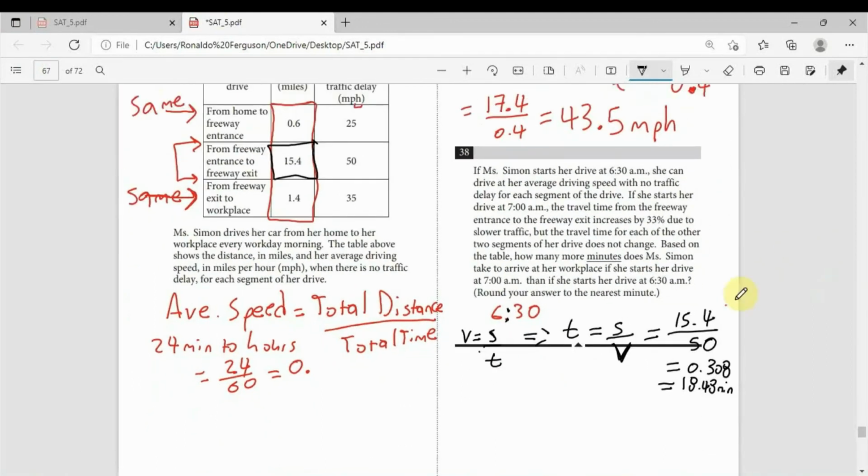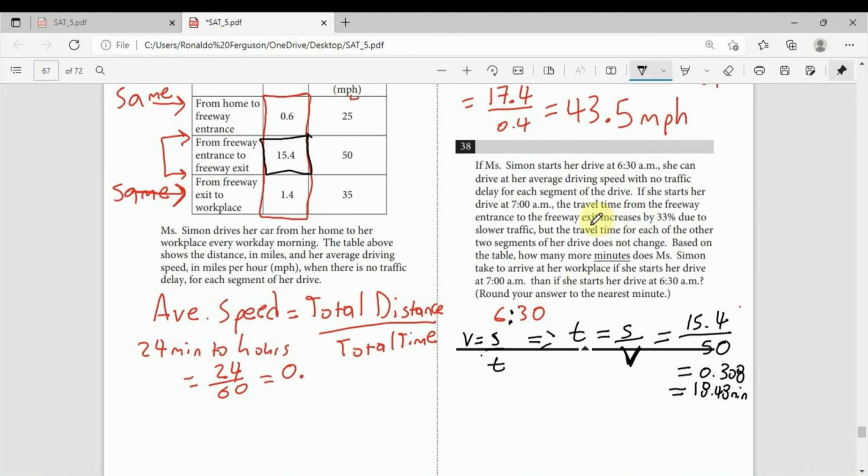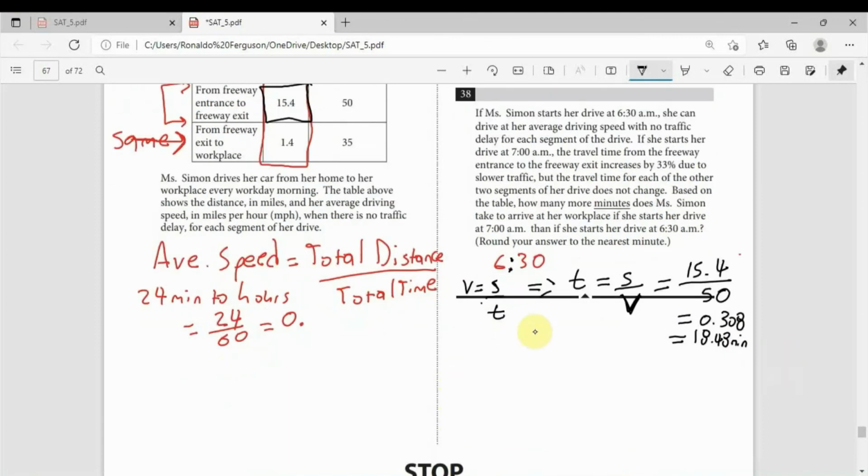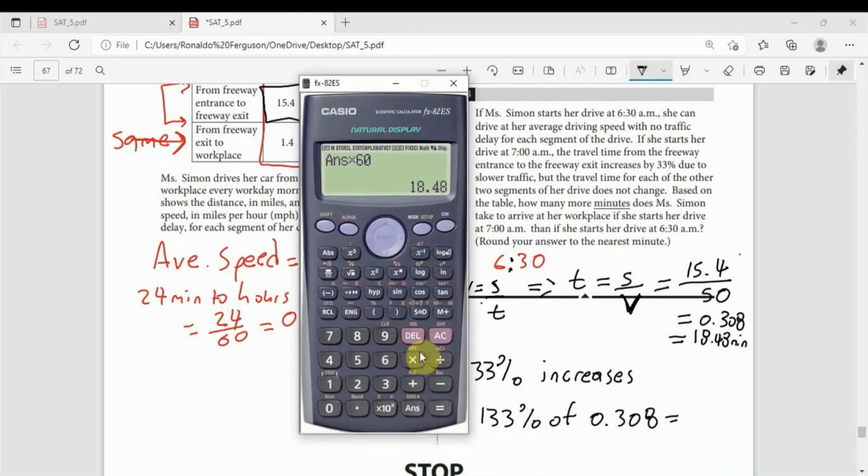Now let's check out if there is interference. They said that the freeway travel time increases by 33%. If there's a 33% increase, in other words, it's going to be 133% of this travel time, 133% of 0.308. 133% of this is just multiplying it by 1.33.